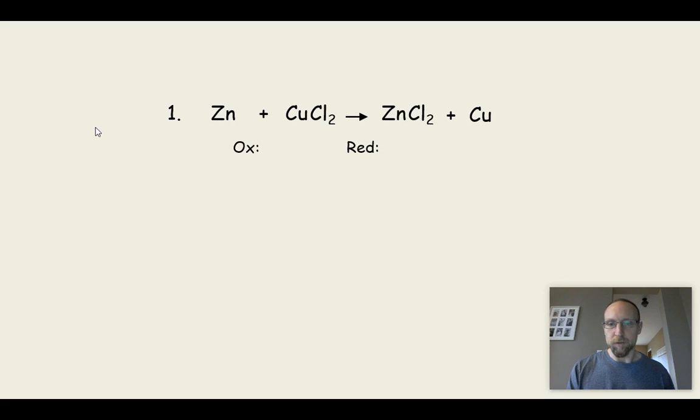So pause the video, try these 3 problems out, go through the 4 steps, assign oxidation states, connect the 2 elements that changed, who lost, who gained, and then who's oxidized, who's reduced. Right after you've done those, unpause it and we'll go through it. If you're still a little confused at this point, let's work through the first one together, and then you can pause it and try the other 2.